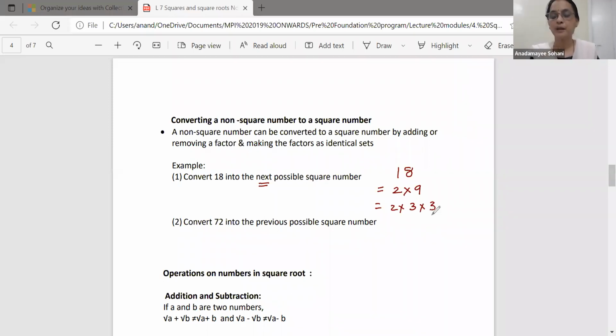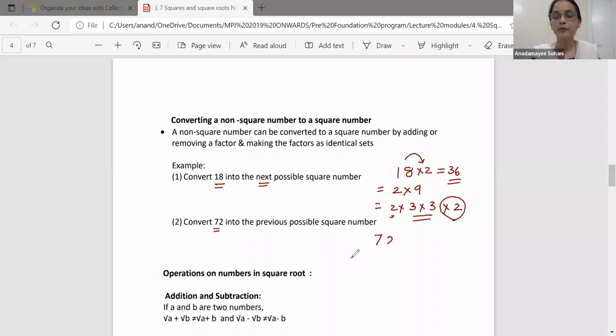I have a pair of 3. I don't have a pair of 2. So if I create a pair of 2, that means I multiply this by 2. That will be the next possible square number. So by creating a pair, I can convert a non-square number into a square number by multiplying it by a suitable number or by dividing it by a suitable number.